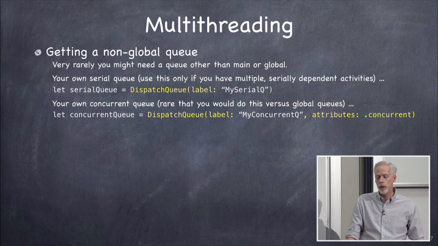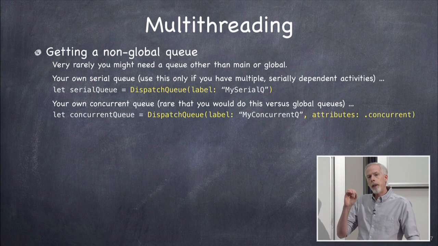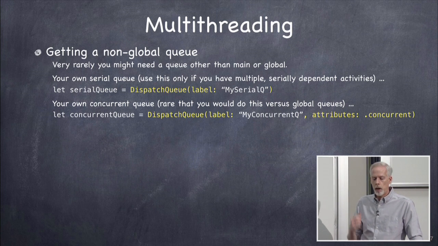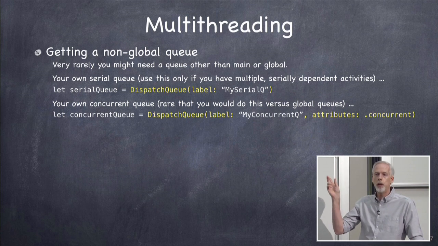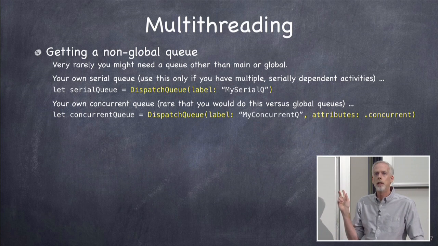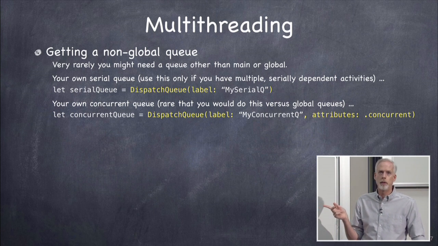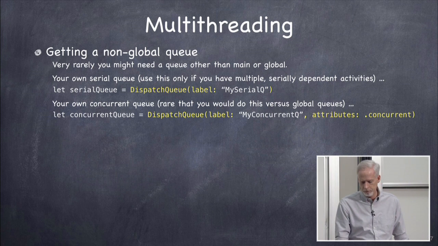So it's purely for seeing it in the debugger. If you want to make your own concurrent queue, a queue with multiple threads that can be working on things, it's the same except you put attributes: .concurrent in the initializer. You won't need to do that in this class, and rarely do we do this. It's usually the main queue and the global queues, 90% of the time.